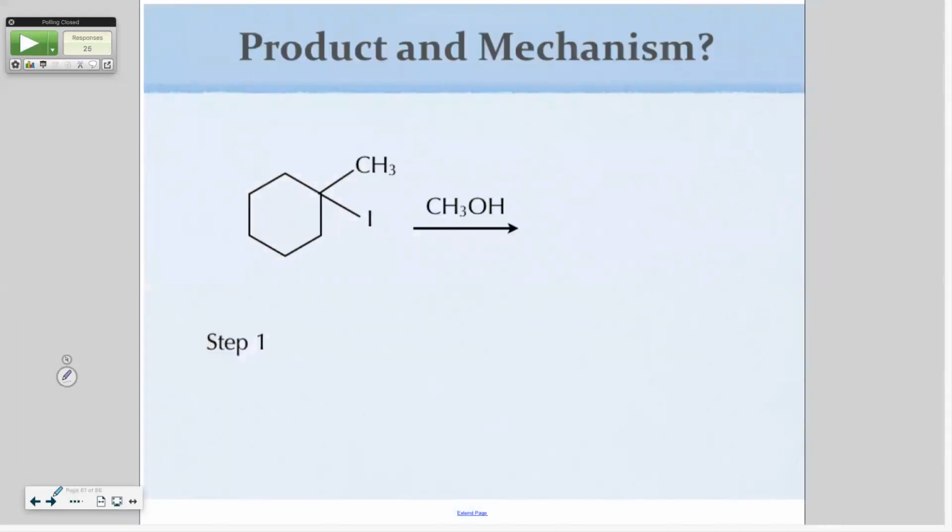Okay. So here, what is the product of this reaction? Can you figure it out before we do the mechanism? So we know where we're going? How do you figure it out? What is the leaving group? Are you sure? You didn't sound real sure. Iodide.